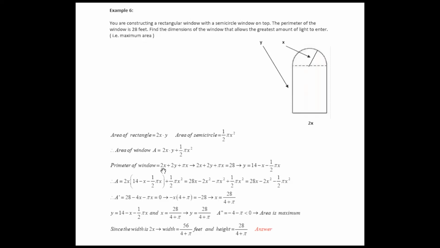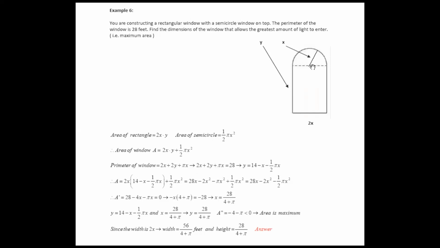Now, what is the perimeter? Well, we have 2x plus 2y, because we have a y and a y. I'm sorry, it's 2x plus 2y. That's what we have here.